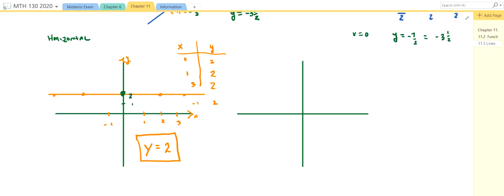You could also have a vertical line, like this. But this vertical line is not y as a function of x.